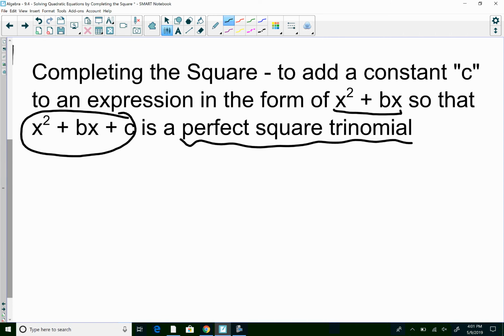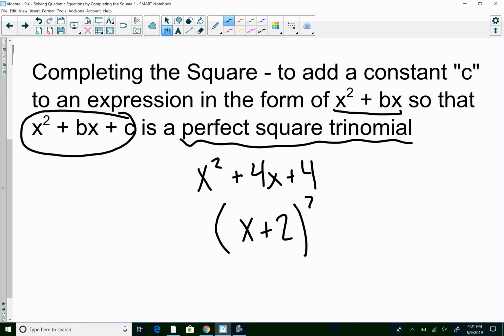You might be given something like x squared plus 4x. Through our process of completing the square, we'll end up coming up with 4 here. I'll teach you how to do that in just a second, so don't freak out. What they want is a perfect square trinomial, meaning you can break this down so that it turns into x plus 2 squared.